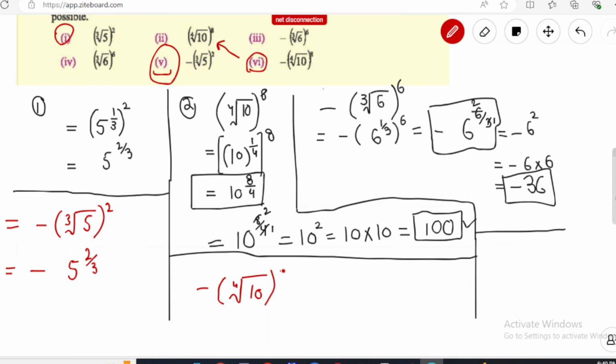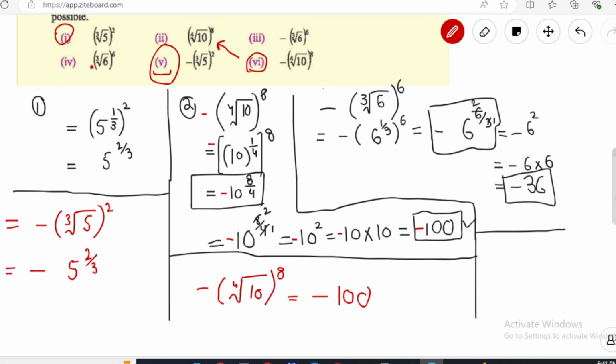This whole thing will be similar to 100, but with the negative sign, because there was a negative outside. If there is a minus, then it will just stay outside.